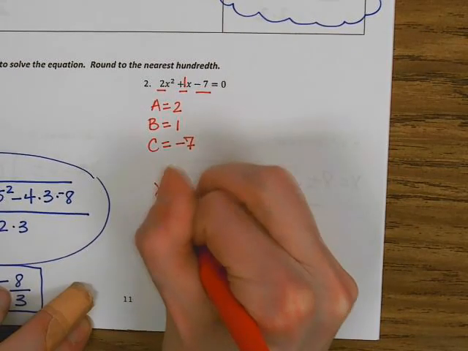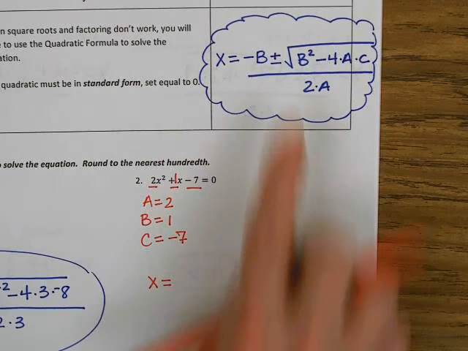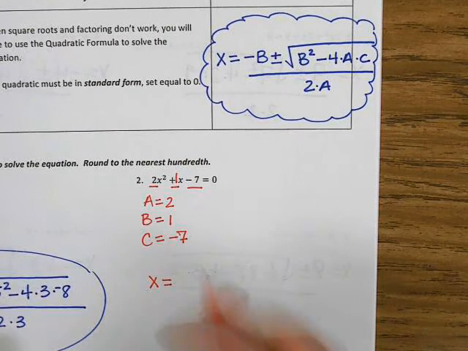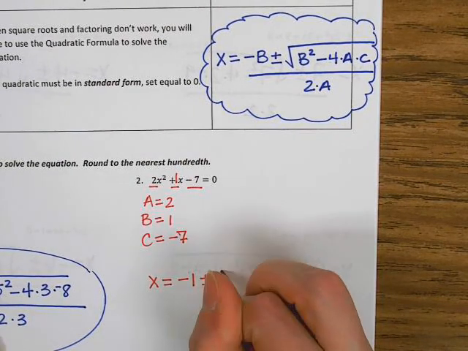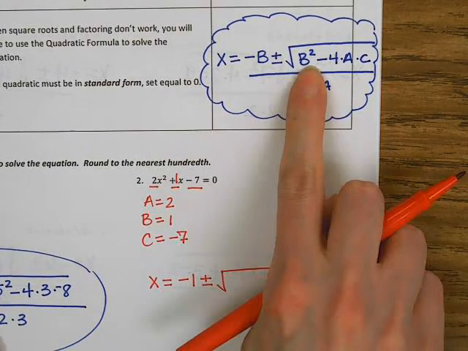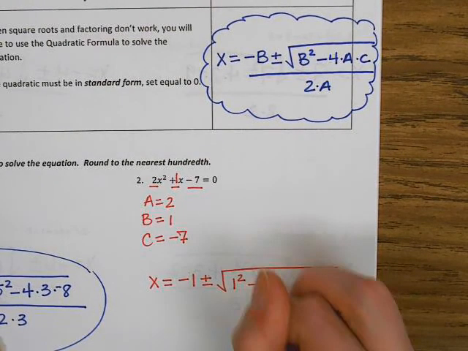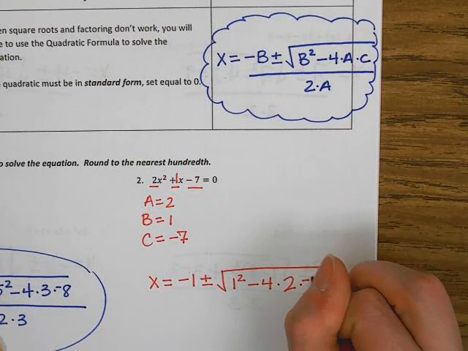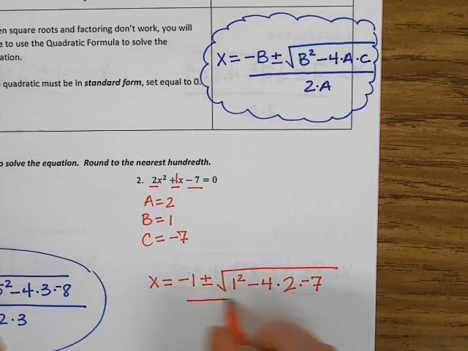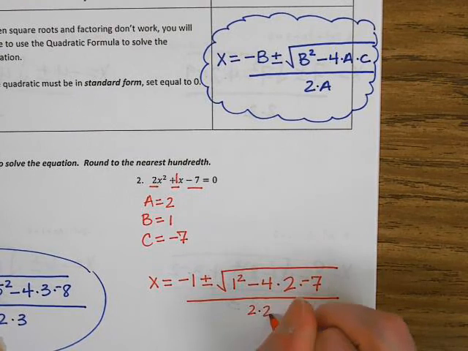So the formula, x equals negative b, so negative 1, plus or minus the square root b squared, so 1 squared, minus 4 times a, which is 2, times c, which is negative 7, all divided by 2 times a, which is 2.